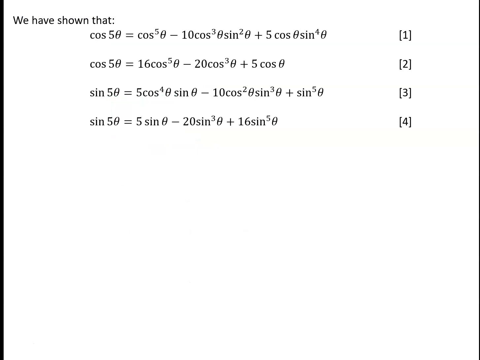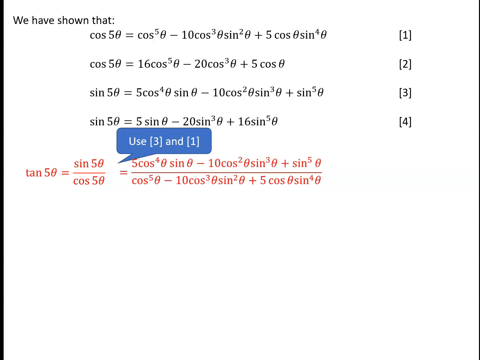And finally, making use of these results, we can also obtain a useful expression for tan 5 theta. Now tan 5 theta is sine 5 theta divided by cos 5 theta, and if we use equations 3 and 1, we can write that as 5 cos to the 4 theta sine theta minus 10 cos squared theta sine cubed theta plus sine to the 5 theta divided by cos to the 5 theta minus 10 cos cubed theta sine squared theta plus 5 cos theta sine to the 4 theta.